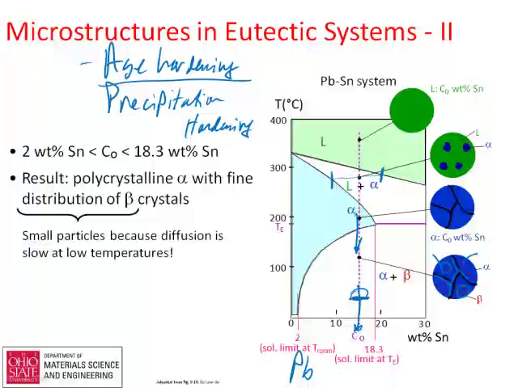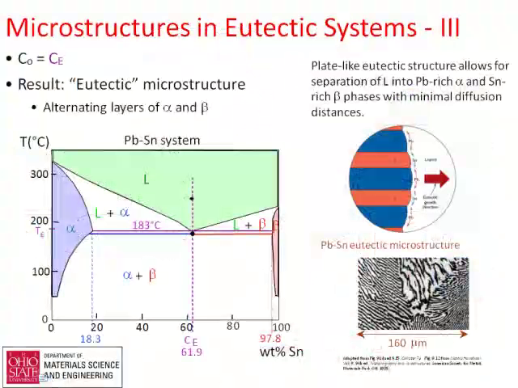That gives you a lousy structure. We like small beta particles in the alpha matrix, so we usually quench and age. That's how we do age hardening and precipitation hardening. It's a real short summary, but it's basically correct, and there's not a massive amount more to it.